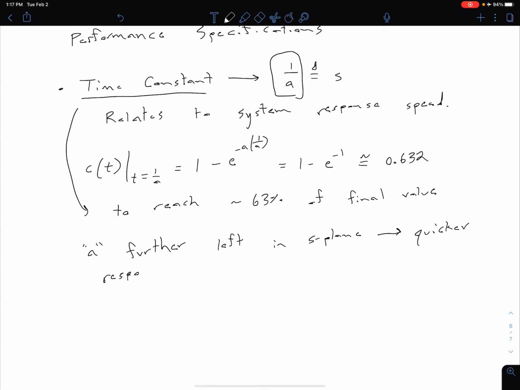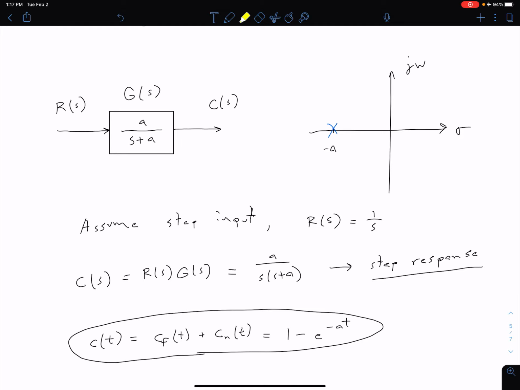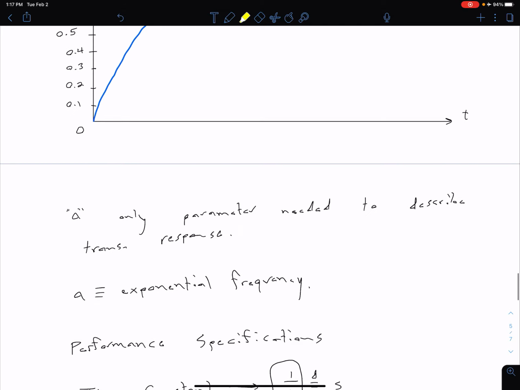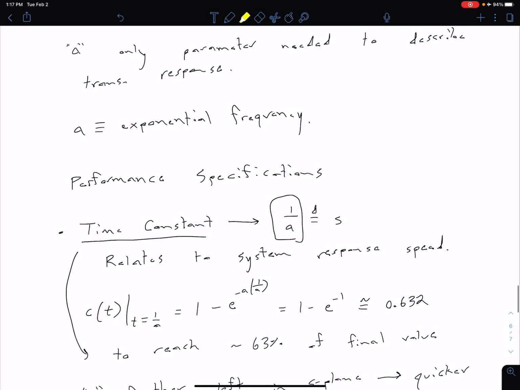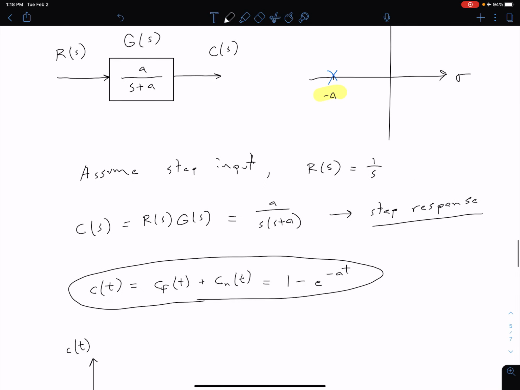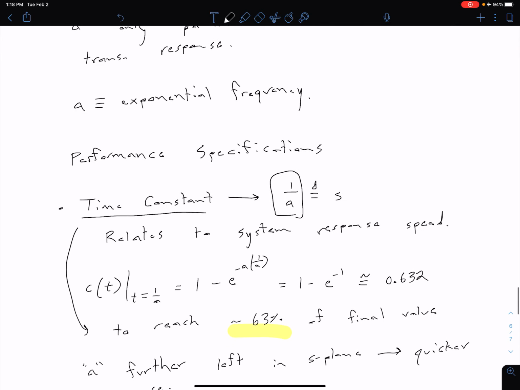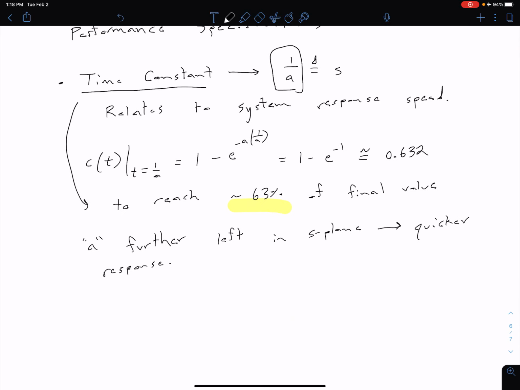For example, coming back up to our S-plane here, if we had a pole at -2, so this A value is -2, we would have a time constant of 1/2, and in 1/2 of a second our response would reach 63% of its final value. However, if we move that pole further left, so now let's say this A moves to -10, then we would have 1/10 for our time constant, and we're going to be at 63% of our value in 1/10 of a second as opposed to 1/2 of a second. So the further left, the faster our time response is.